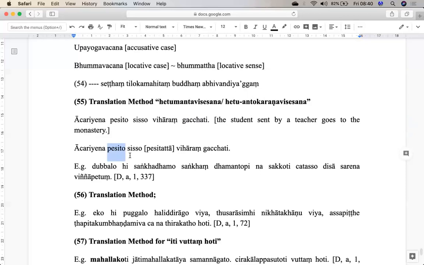Antogadha means including the sense of reason.